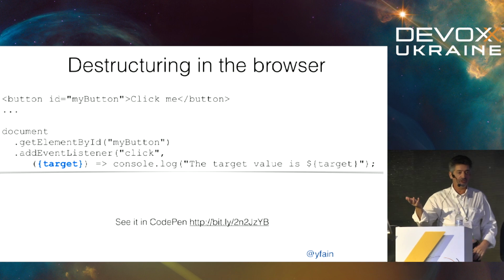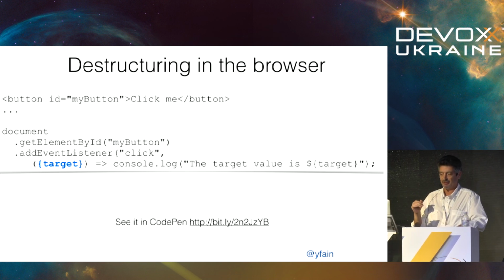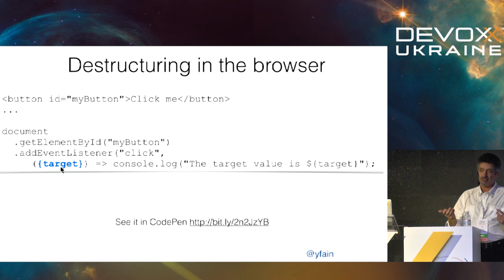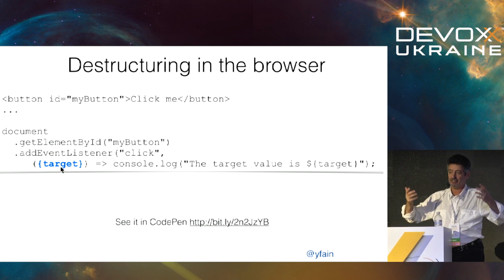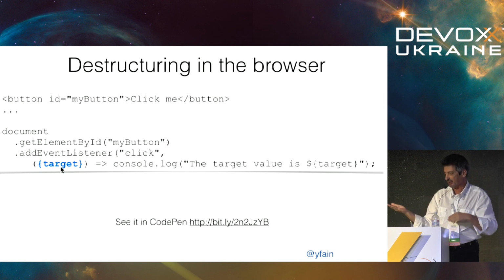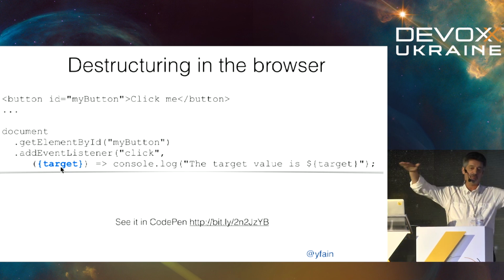This is an example of destructuring in the browser. Imagine that you have a button somewhere on your UI, and you want to add an event listener to the button, right? In the browser, when an event happens, DOM events are being generated and sent over. A DOM event has many different properties, but you don't care about most of them in this case. I just want to know which button was clicked. Maybe I have 5 buttons on the screen.